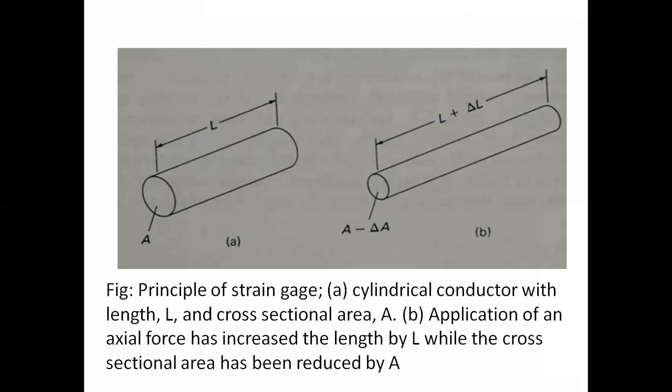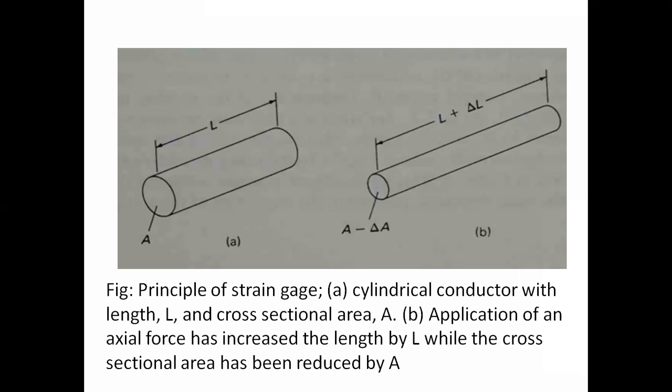It works on the principle that whenever there is a change of the length or cross-sectional area, its resistance will change. By the application of strain, there is an increase or decrease of the length of the conductor. When the length of the conductor changes, its resistance changes.